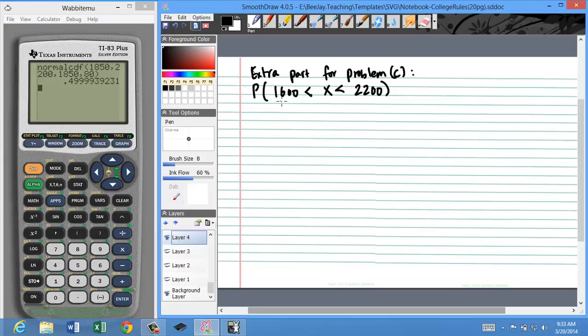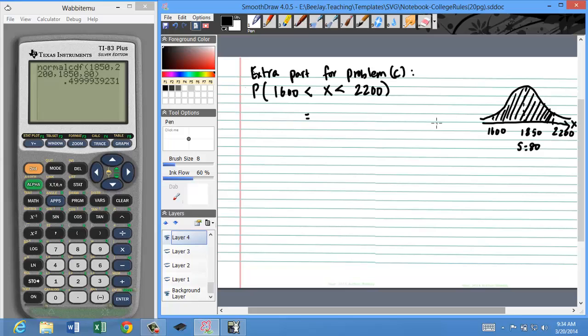So if it is 1600 to 2200, then if you sketch a curve, 1850 would be in the middle, standard deviation is 80, 2200 is over there, and 1600 is probably over here, and we want to find the probability between 1600 and 2200.